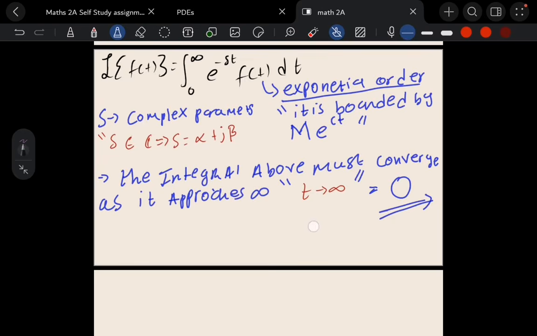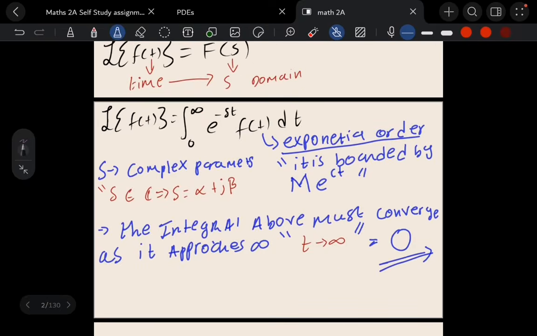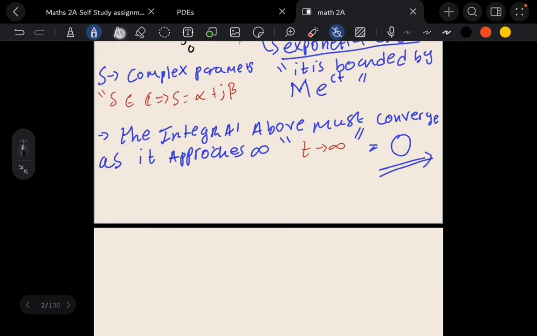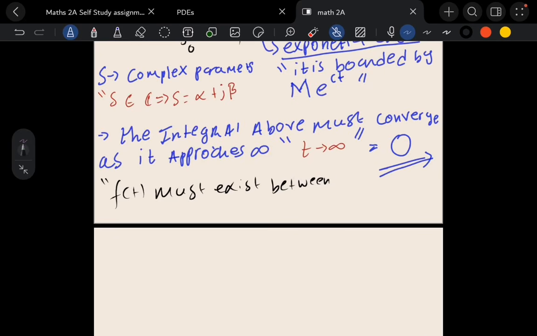And also about f of t, we do not care about f of t, but it must exist. This is another thing that most people do not know, that f of t must exist for t an element from 0 to positive infinity.